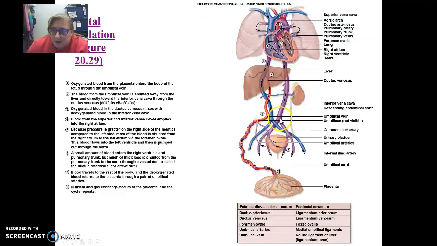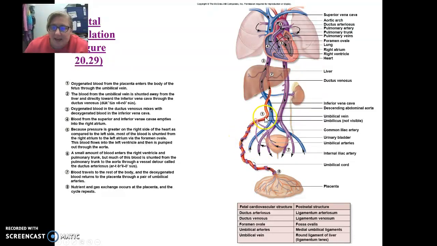This is your aorta. Colors are a little different for the fetus because we always assume red is oxygen rich. And blue is oxygen poor. So purple is like oxygen mixed, okay? And so what's happening is oxygen from mom's blood moves into the placenta and is transferred to the umbilical vein.